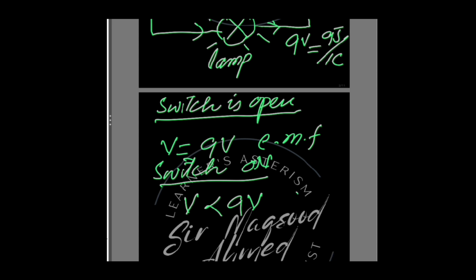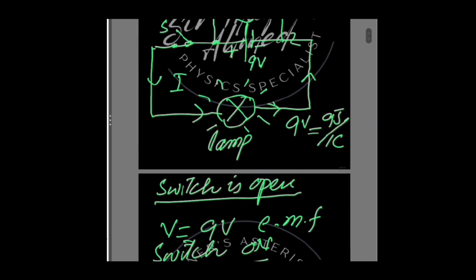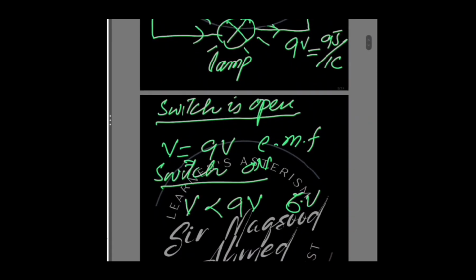There may be 6 volt or maybe 6.5 or maybe any other value, but it would be less than 9 volt. But if we again open the circuit, the voltmeter will again show 9 volt. When switch is open, the voltmeter shows 9 volt. When switch is closed, the reading of the voltmeter drops.